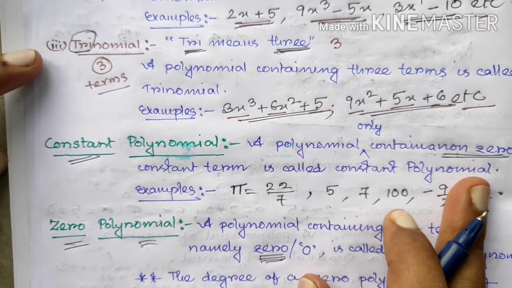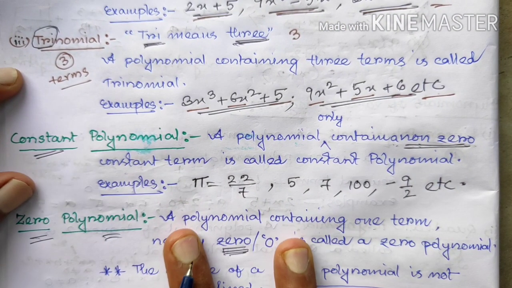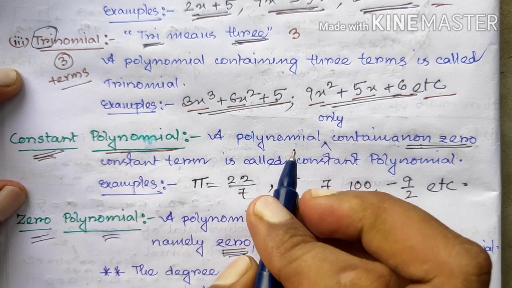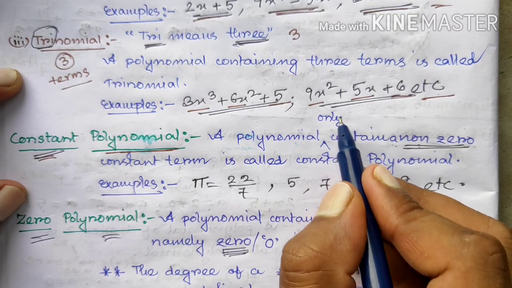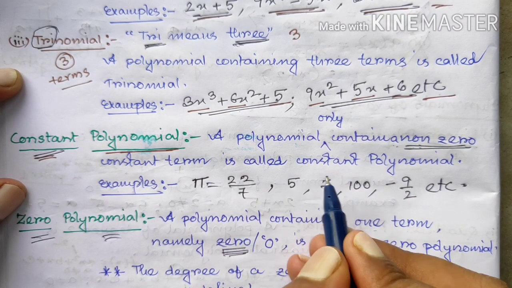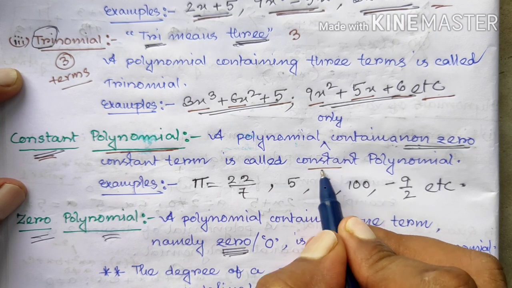Now, constant polynomial. A polynomial containing only a non-zero constant term is called a constant polynomial. Non-zero constant term.